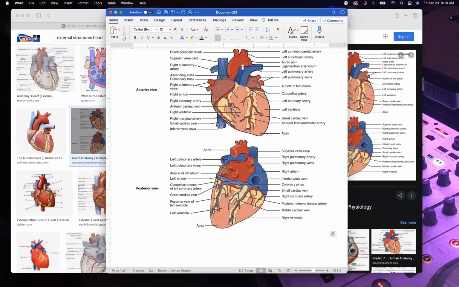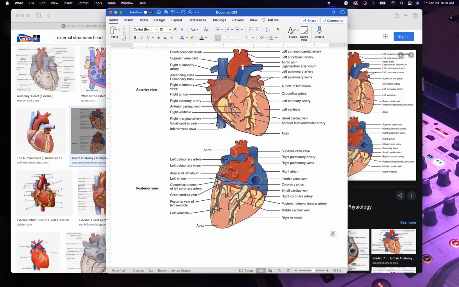The next hint is, if you recall your anatomy and physiology, lab, right? You remember when you looked at the front, this groove here that had your great cardiac vein and your anterior interventricular artery, also known as your left anterior descending, it went diagonally.